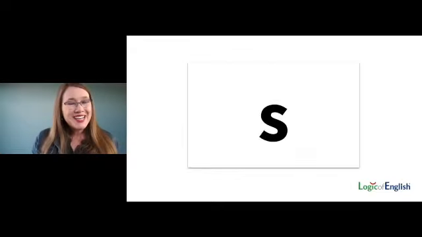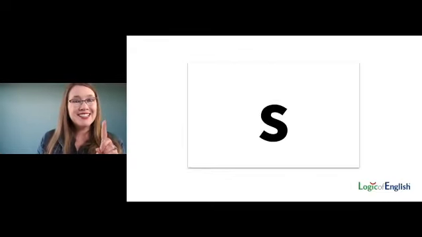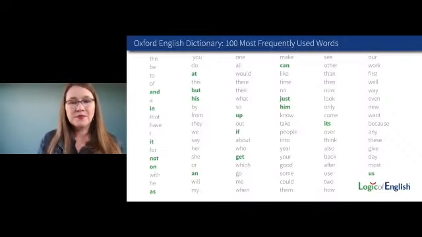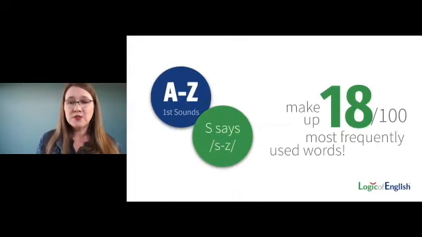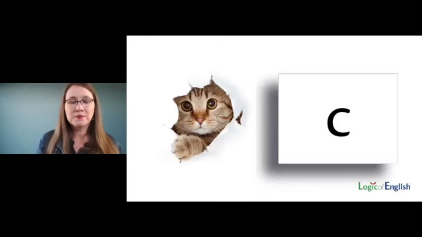So the key here is to teach this as S and Z. Now, when we just teach that one additional sound, we now have 18% of the 100 most frequently used words, combined with the first sounds of A through Z.